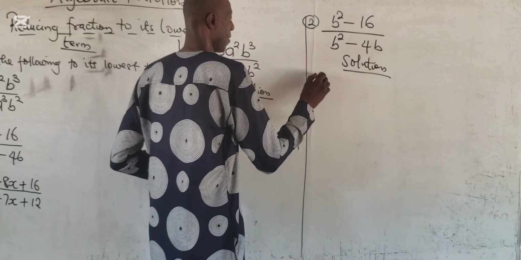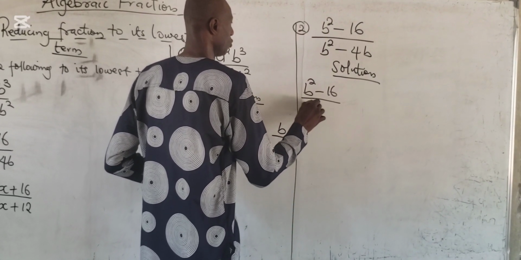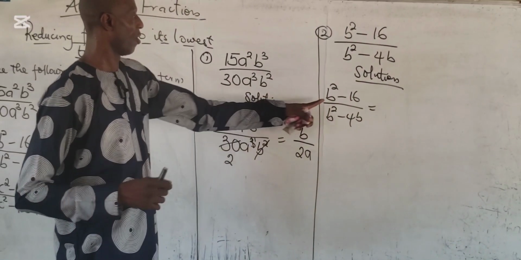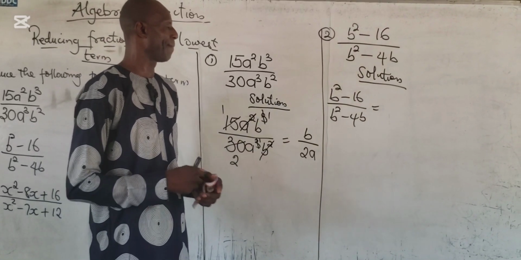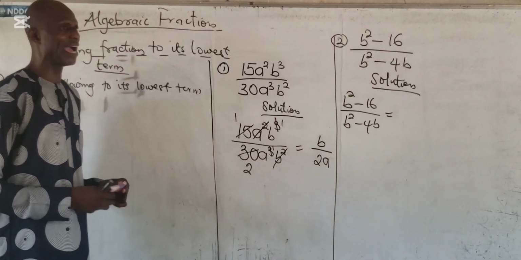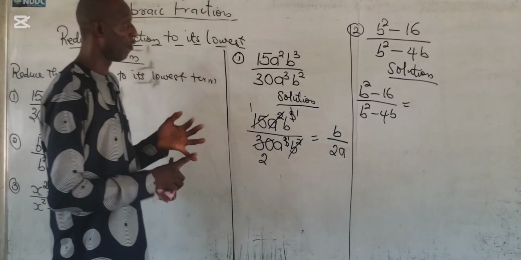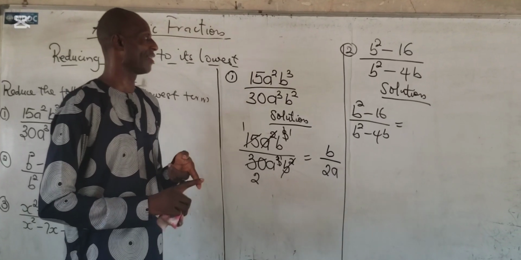If you look at the numerator, we have a negative sign here. Here is b squared, here is 16. 16 is a perfect square, so we can find the square root of 16. Perfect squares are 1, 4, 9, 16, 25, and the rest of them.